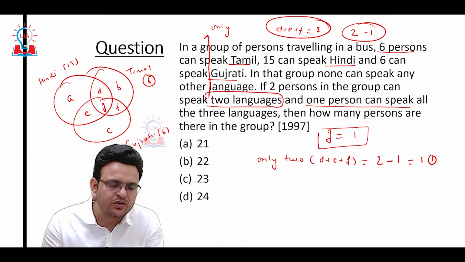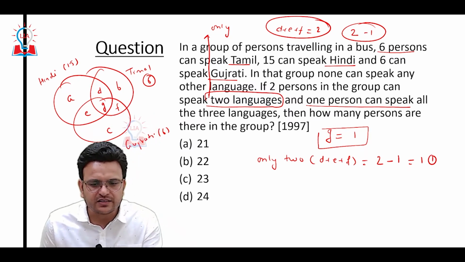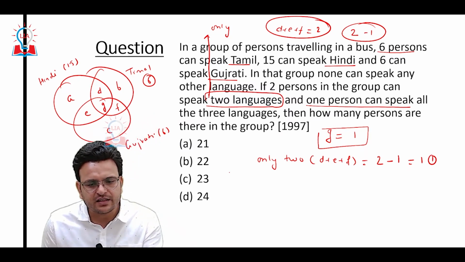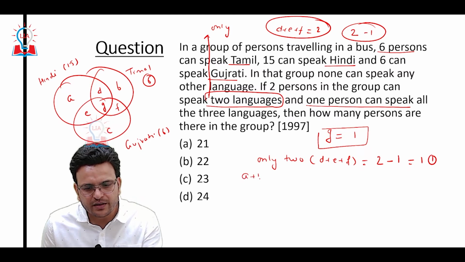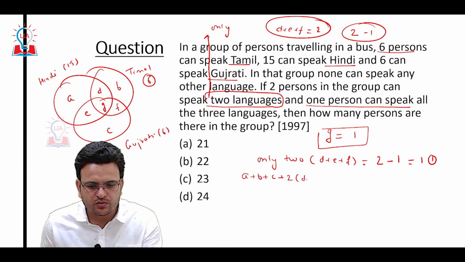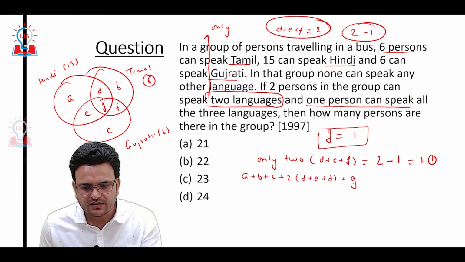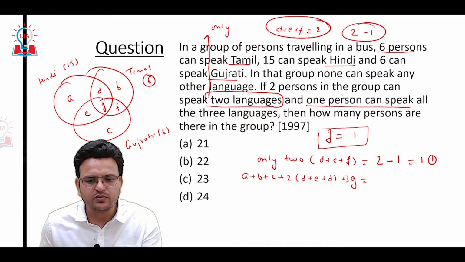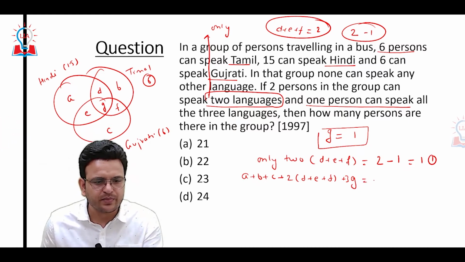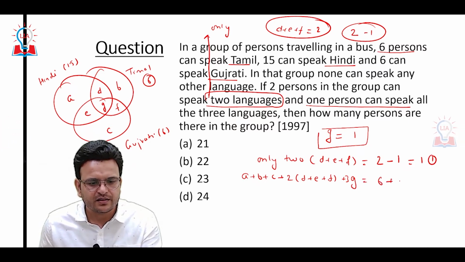Okay. Then how many persons are there in a group? So we can say that total people will be A plus B plus C, plus 2 times D E F, plus 3 G, equal to, we can add all the people like 6 Tamil, 6 Gujarati and 15 Hindi.